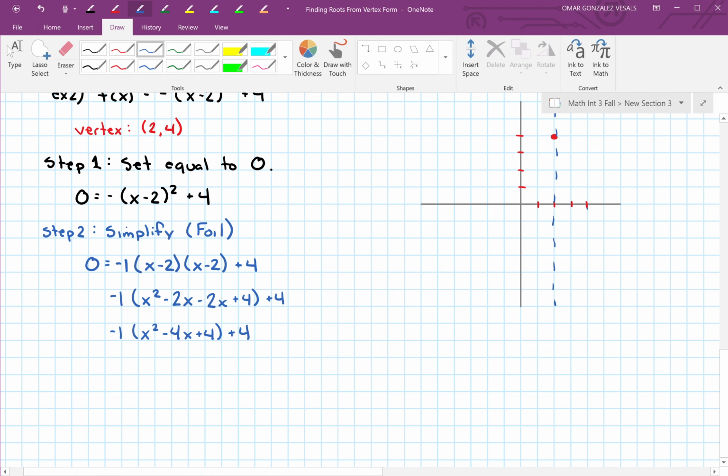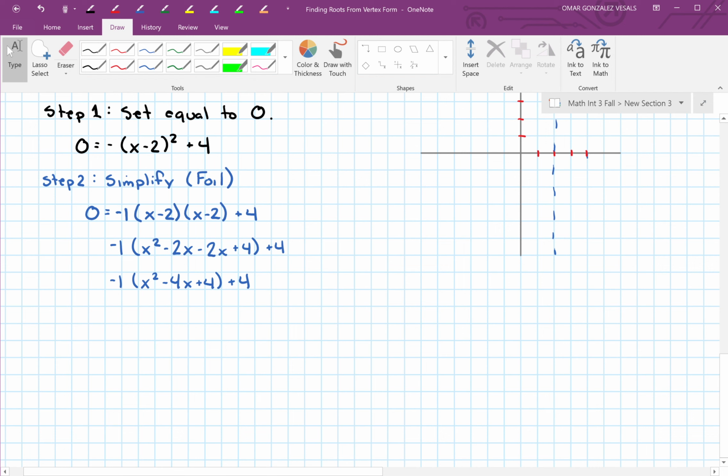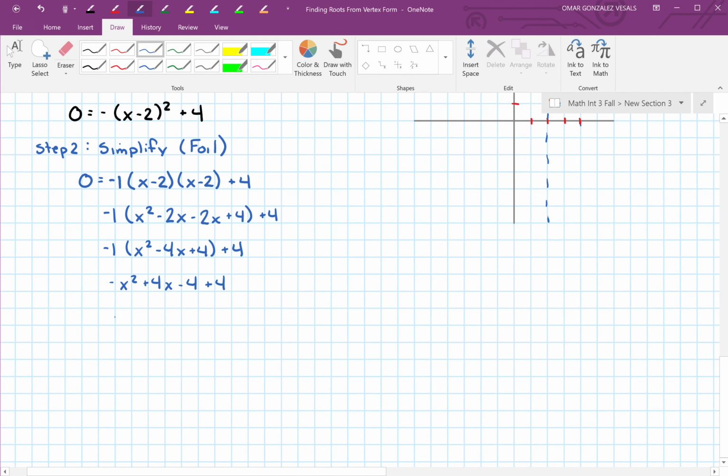Everybody good so far? Okay, remember all of this is just simplifying. So then it's going to be negative x squared plus 4x minus 4 plus 4. We're done simplifying so far? We just have to do negative x squared plus 4x plus what?